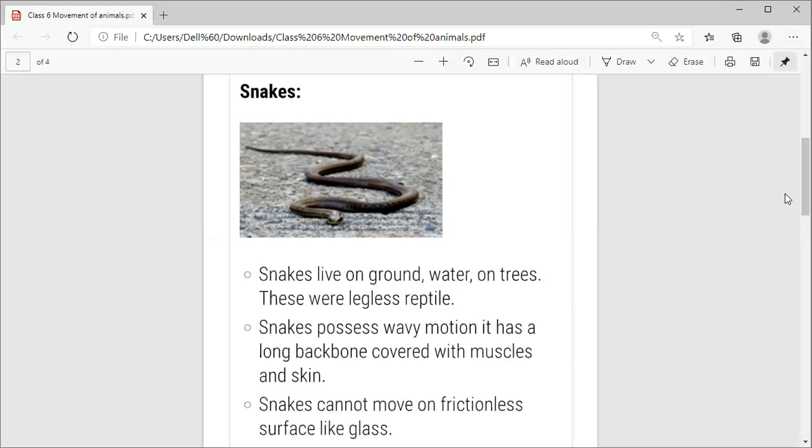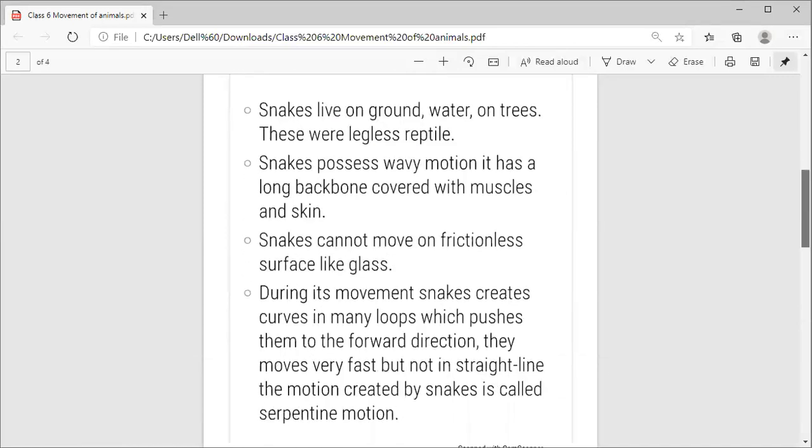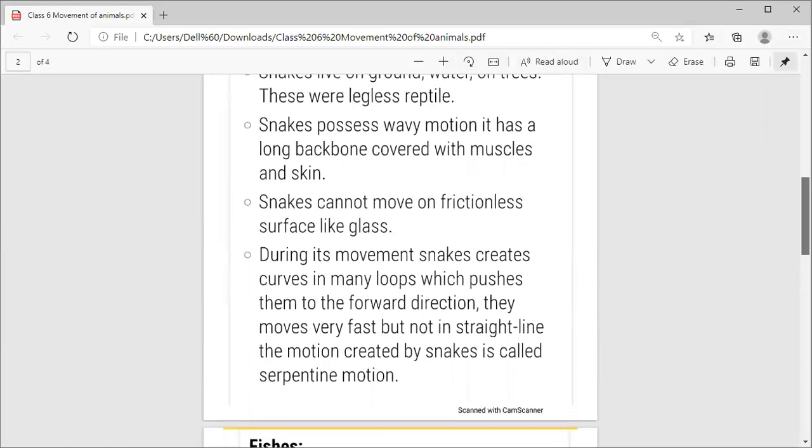So children, as the snake is very long and makes many loops, each loop gives it a forward push. This is how snakes move on the ground.